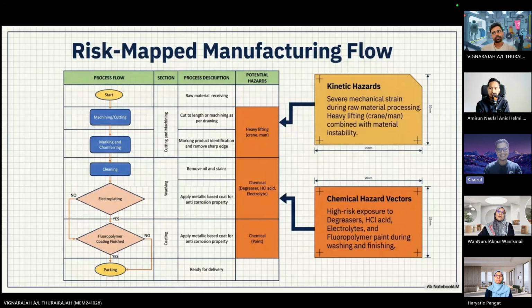We have a degreaser, hydrochloric acid, and also the electrolyte of the electroplating process. And at the coating process, they have chemicals. The paint itself is a chemical-containing material. And then there is the final process. After coating, they go to packing for delivery. So that's the basic process flow for the company.